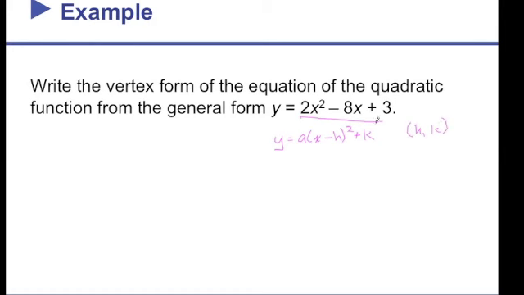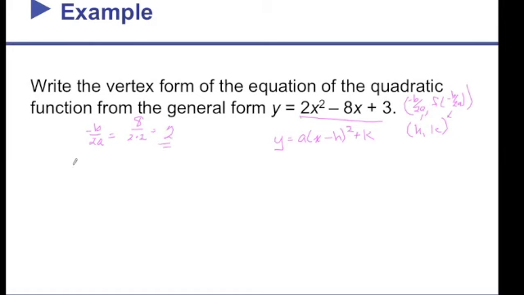Well, in this form, we know the vertex is negative b over 2a and f of negative b over 2a. And since it's the same parabola, these things have to be equal. So, finding negative b over 2a, negative of negative 8 will be 8 over 2 times 2. 8 over 4 is 2.